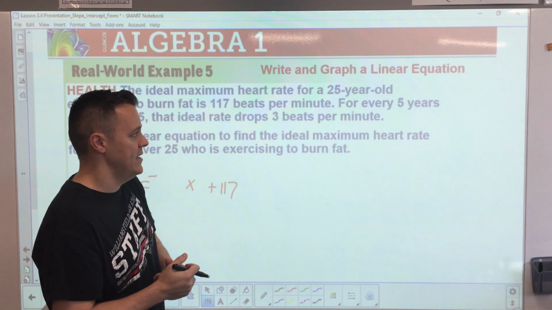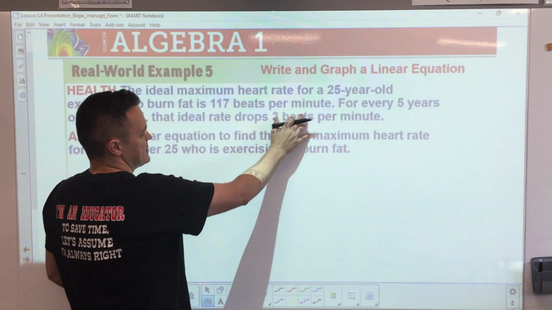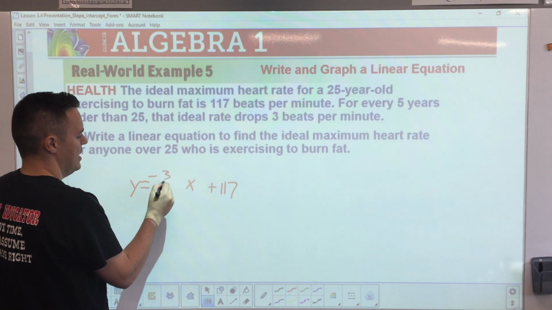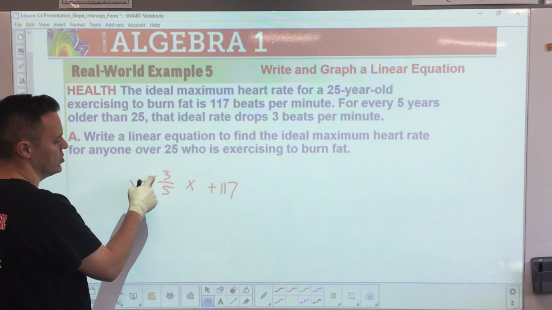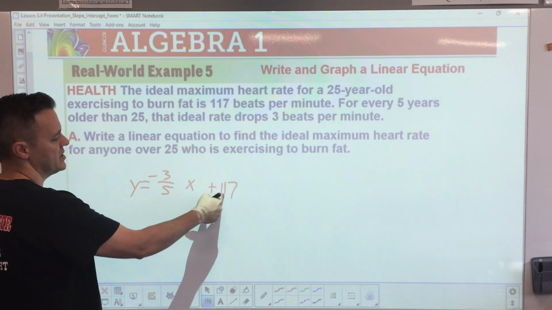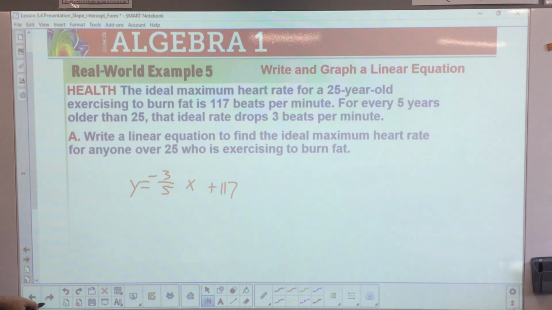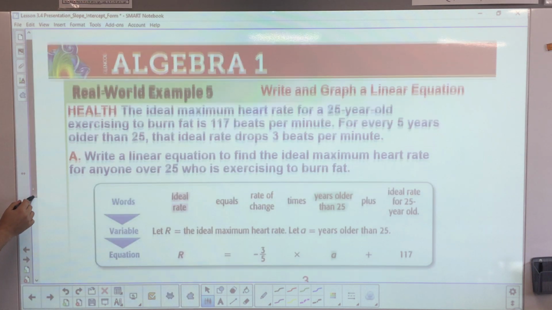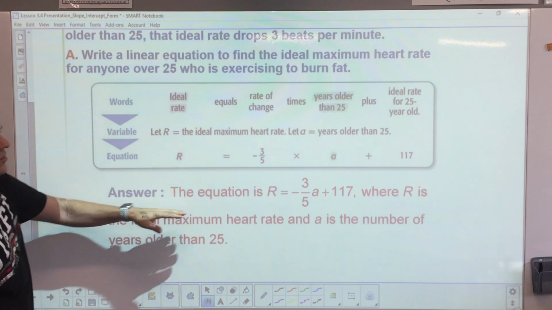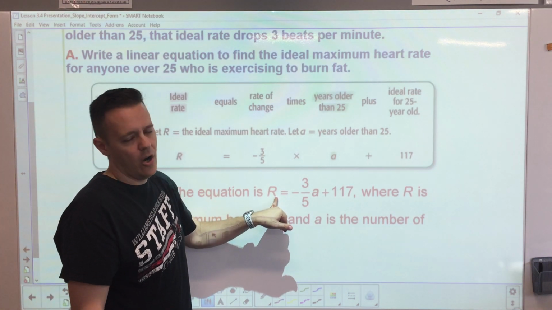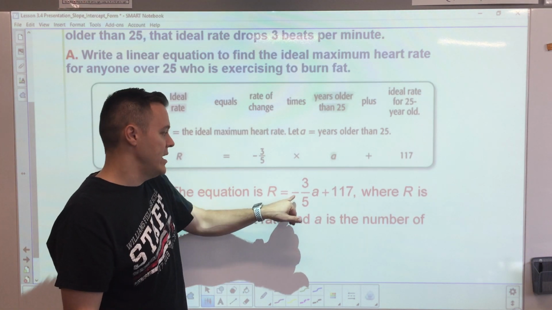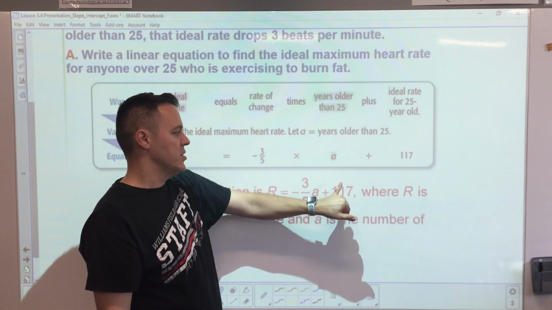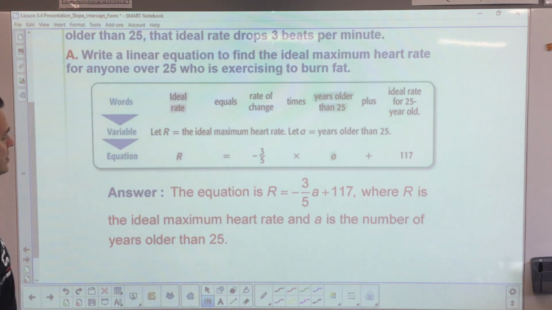And if it's going to be 3 beats every 5 years, I believe that should be y equals -3/5x plus 117. And the answer is yes. Well, they got R for the rate, but it is y equals -3/5a plus 117.